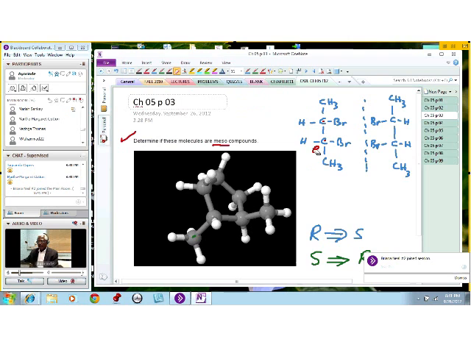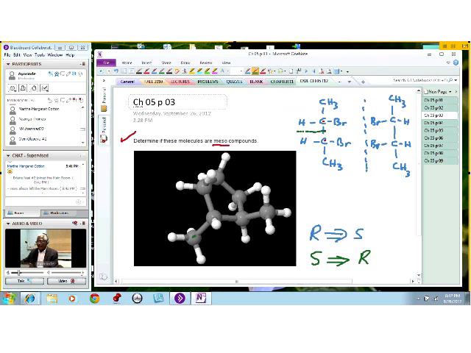I'm also going to admit that that is not always possible. Take a look at the molecule. For example, this molecule here, if I can draw a plane of symmetry, look at this here, what I call plane of symmetry.